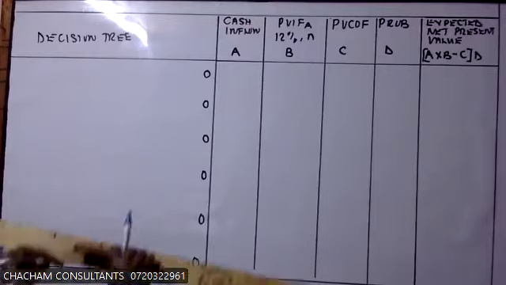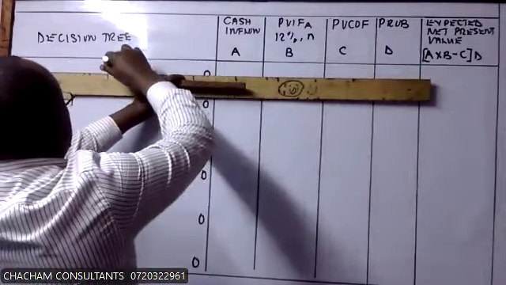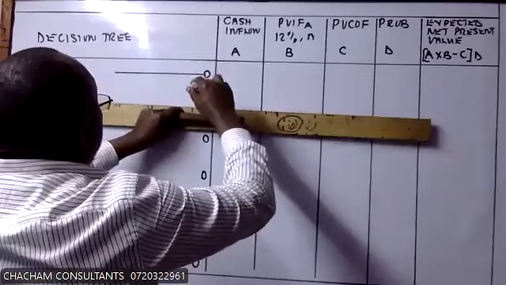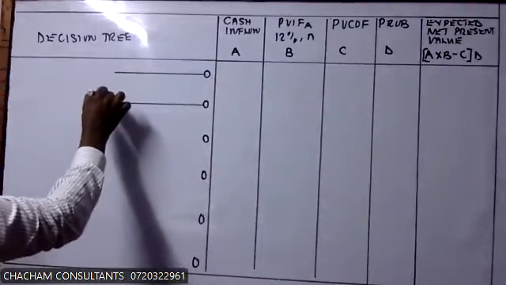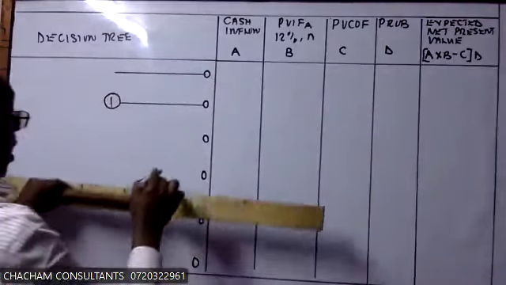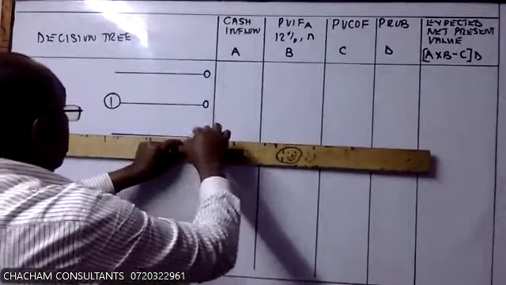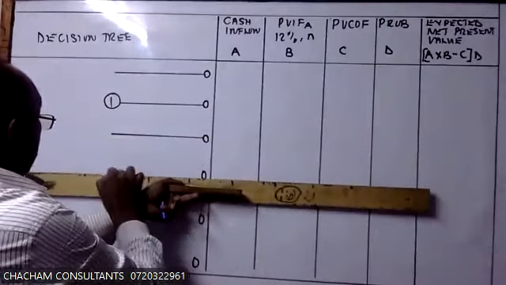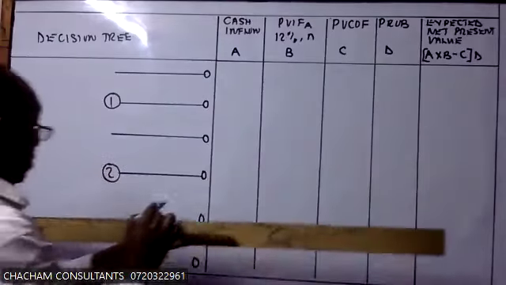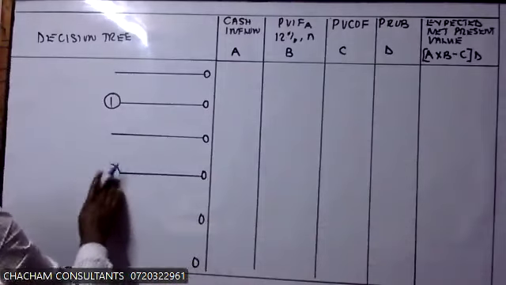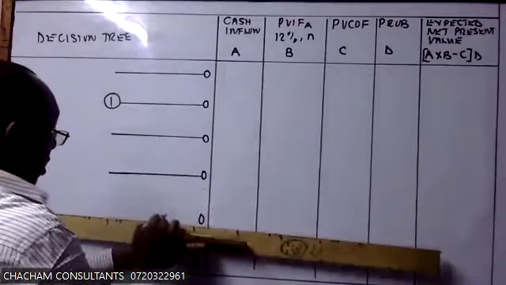So this one I call it number 1. This one I call it number 2. No. Hiyo sio ya number 2. Sio hiyo number 2. Number 2 ni huyu.